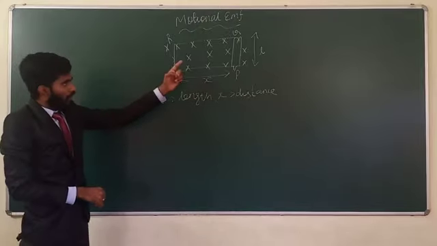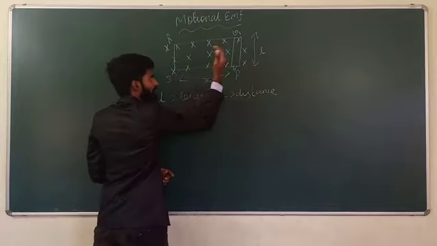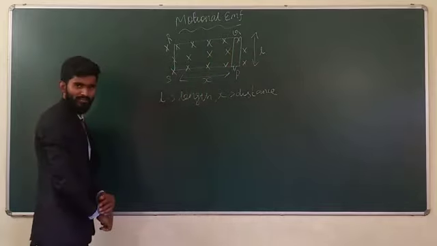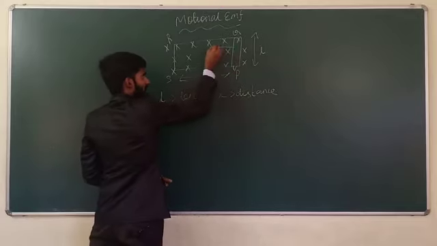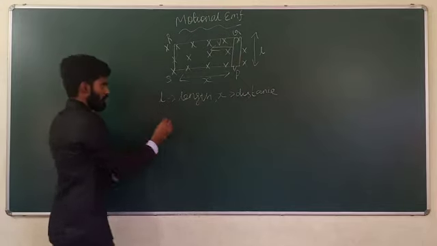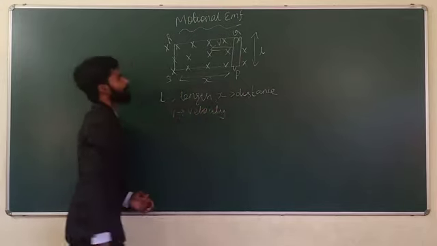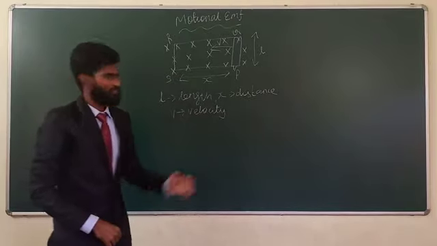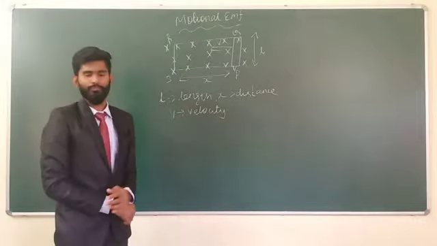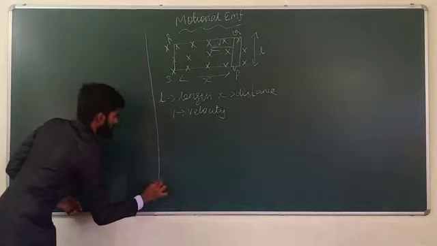One more thing: the conductor is capable of moving in the magnetic field with a velocity v. So you can assume that it is traveling with velocity v. These are all the main things, and before entering into the derivation part, I want to give you a few tips, very interesting basic concepts.